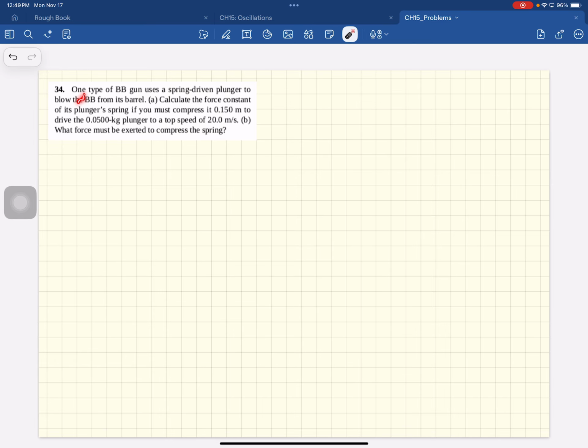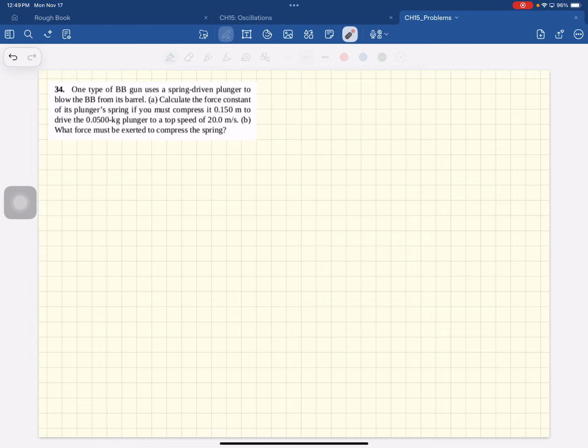Okay, this problem says a type of BB gun uses a spring-driven plunger to blow the BB from its barrel. Calculate the force constant of the plunger spring if you must compress 0.15 meters to drive the 0.05 kg plunger to a speed of 20 meters per second.